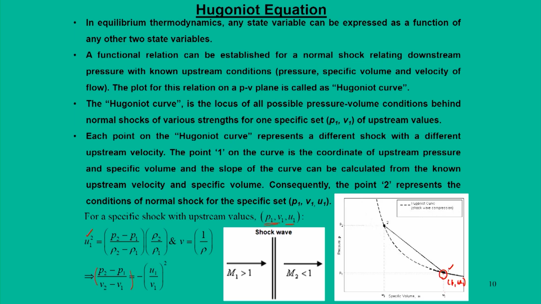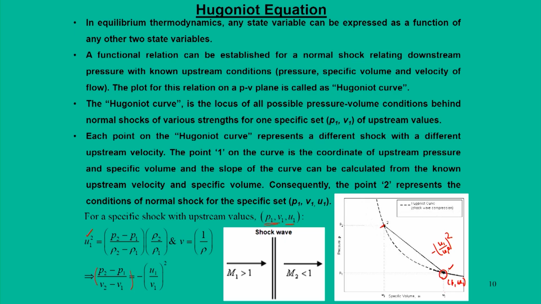Now, from this point if you draw a negative slope, because this is the negative slope of minus u1 by v1 square, and keep moving along it, state 2 will be defined.